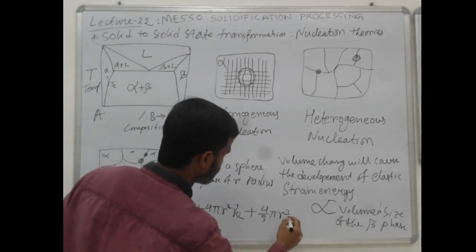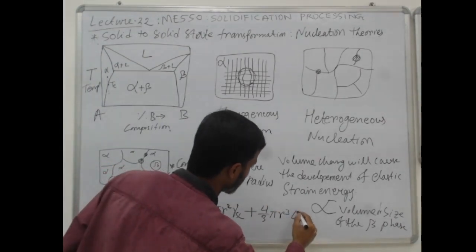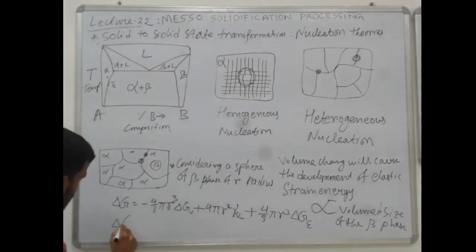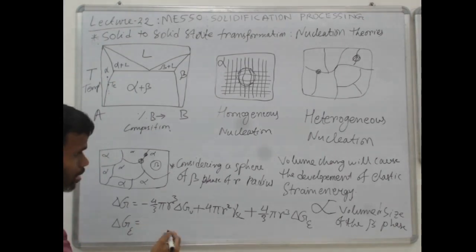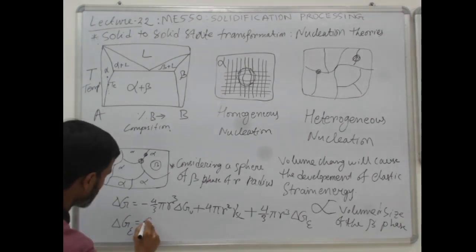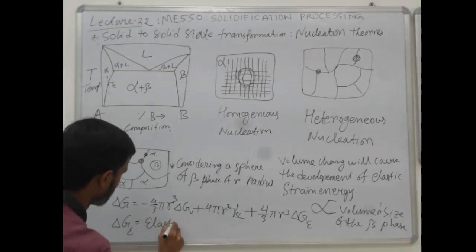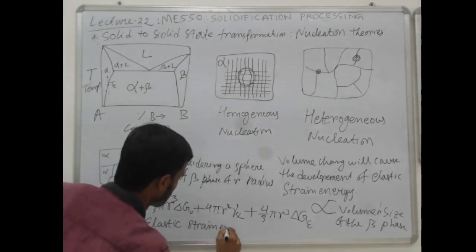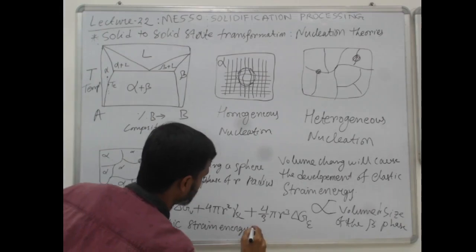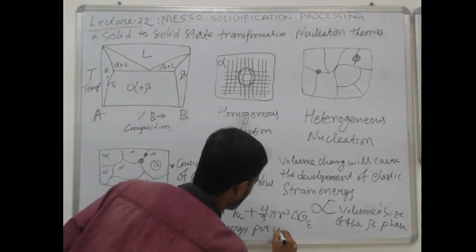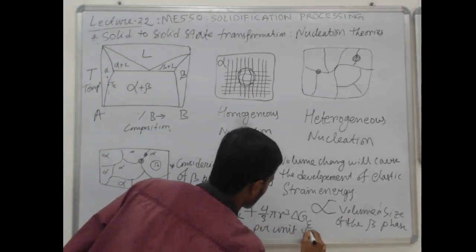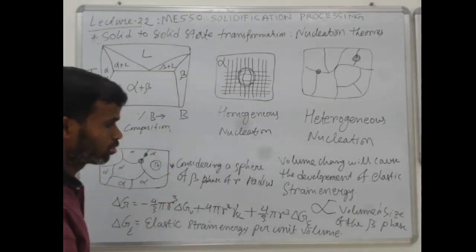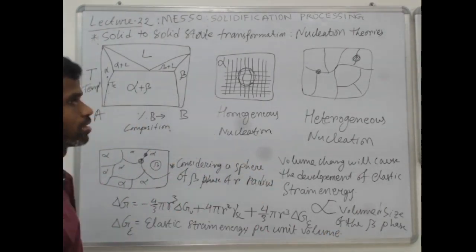So this is the volume, and then you will have delta G E. So delta G E is nothing but the elastic strain energy per unit volume. I hope you have understood what I explained here.